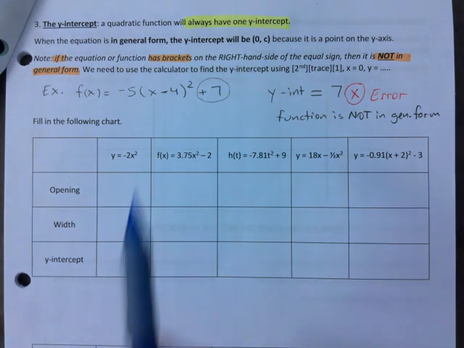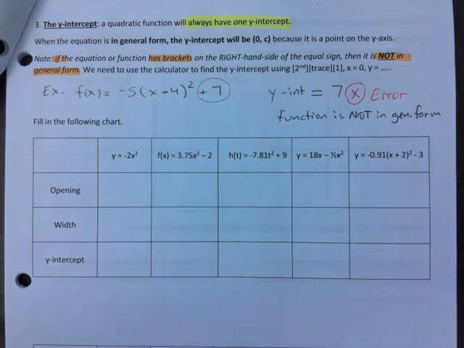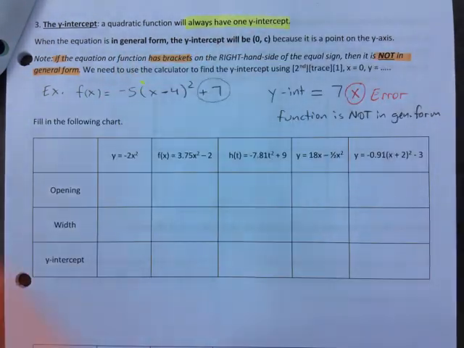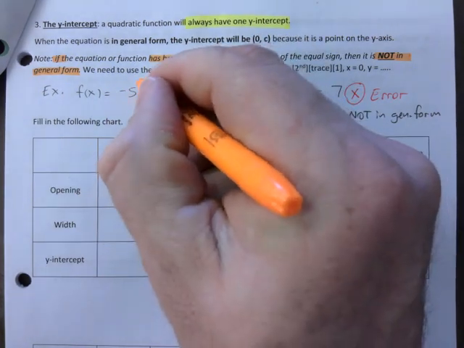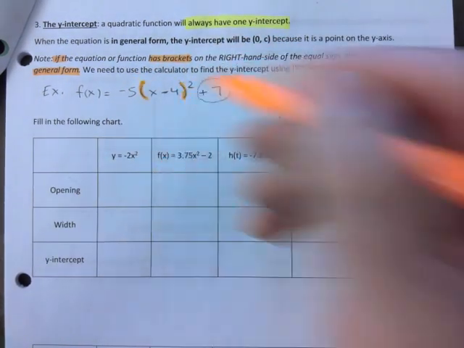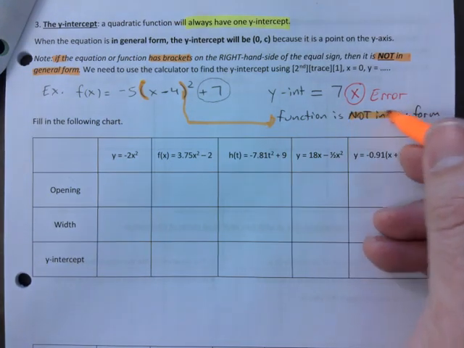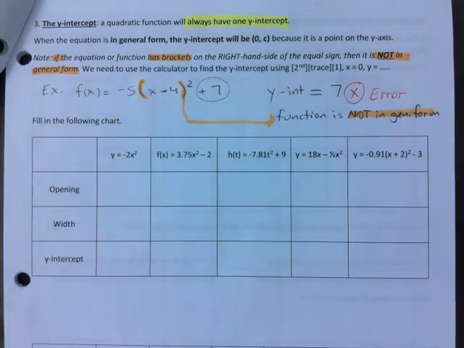So if you see these brackets here, maybe I should use orange because that's what I used for brackets. If you see brackets, it is not in general form. Maybe right now it won't make sense to you, but later when you flip through your notes after having done the unit, this might be a nice reminder.